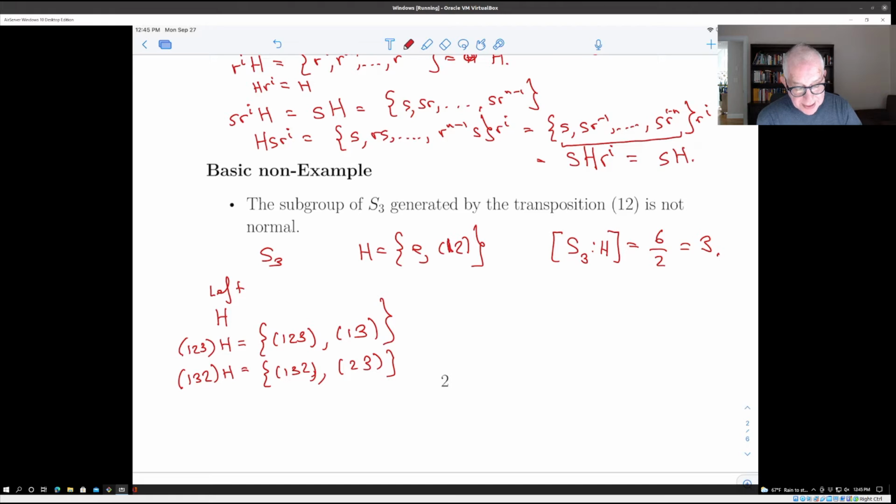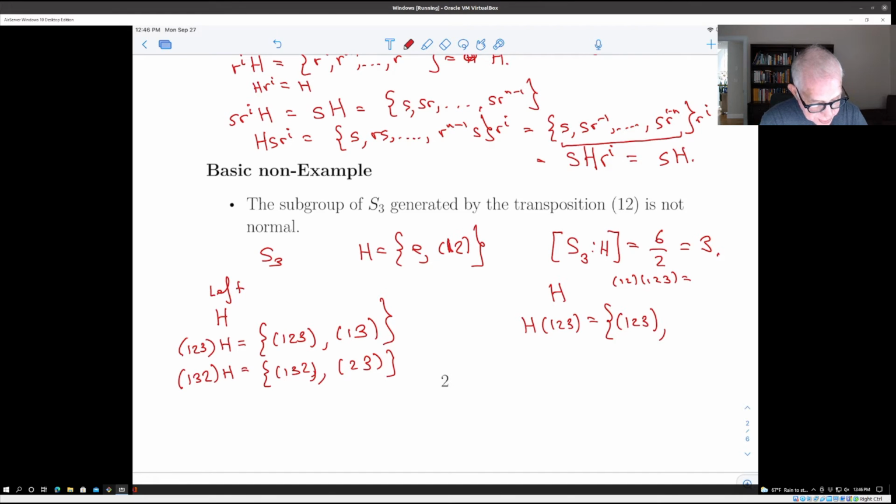If we want to do the right cosets, then on the one hand we again have H, and then we have H times (1 2 3), which is (1 2 3), and now we have to do not (1 2 3) times (1 2), but (1 2) times (1 2 3).